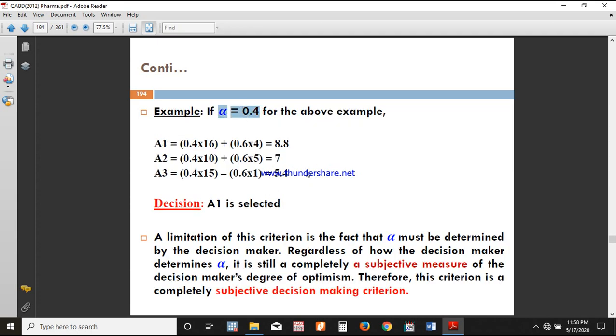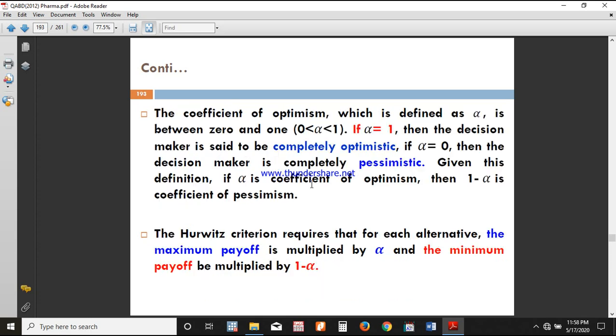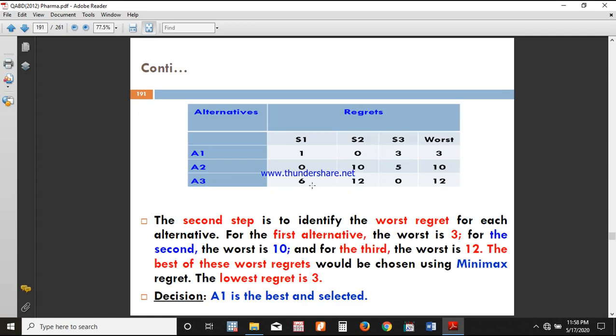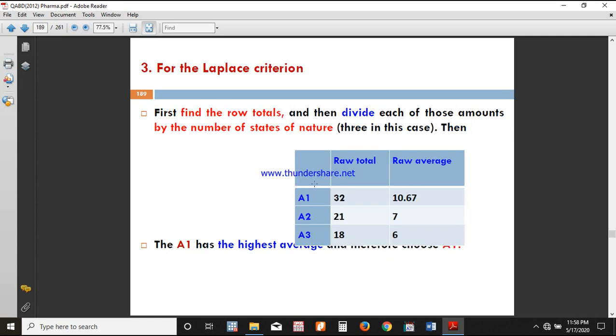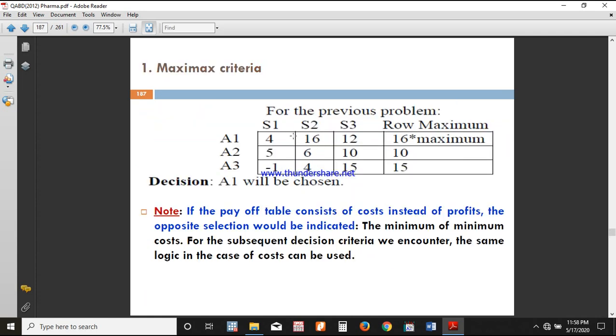Which would be your decision from A1, A2, and A3? In this table, the alpha value is 0.4. The maximum values are 16, 10, and 15.